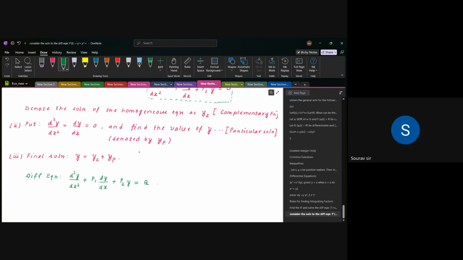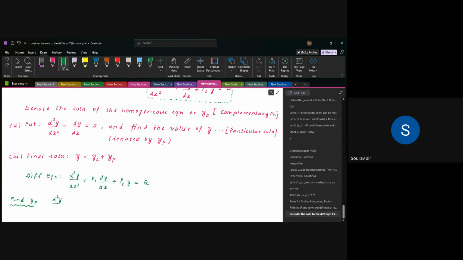So let's say I start with point number 2. The order is not that important over here. Let's say I want to find my yp. If I go by the description that we have mentioned, for finding my yp, what do I need to do?